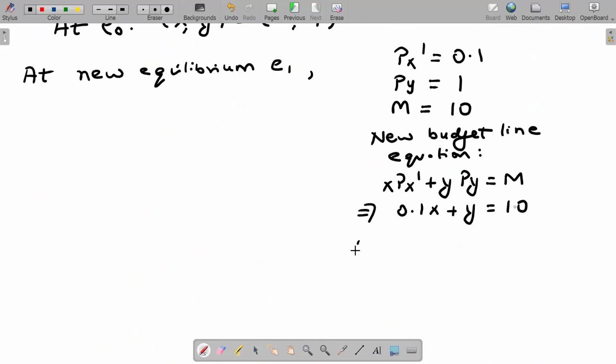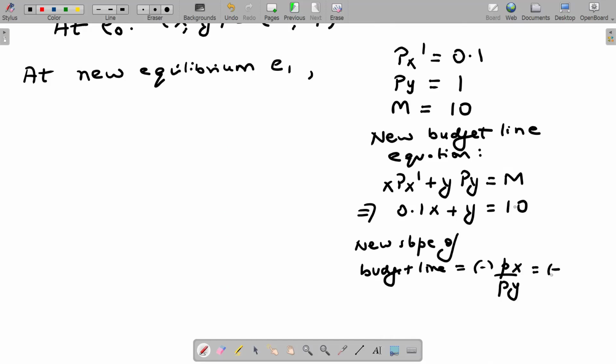The new slope of the budget line is going to be minus Px dash by Py. Now Px dash is 0.1, Py is just 1.